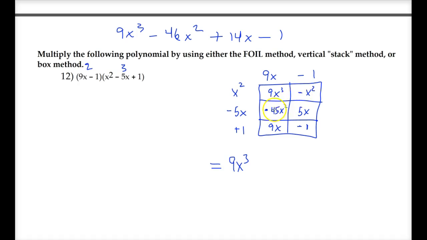And if we go in diagonal this way, negative 45x squared plus a negative 1x squared is a negative 46x squared. 9x in diagonal plus 5x is a positive 14x. And of course, negative 1 is by itself. So depending on whether you do it the FOIL method or the distributive method, vertical stack method, or the box method, either way you should get the same answer.